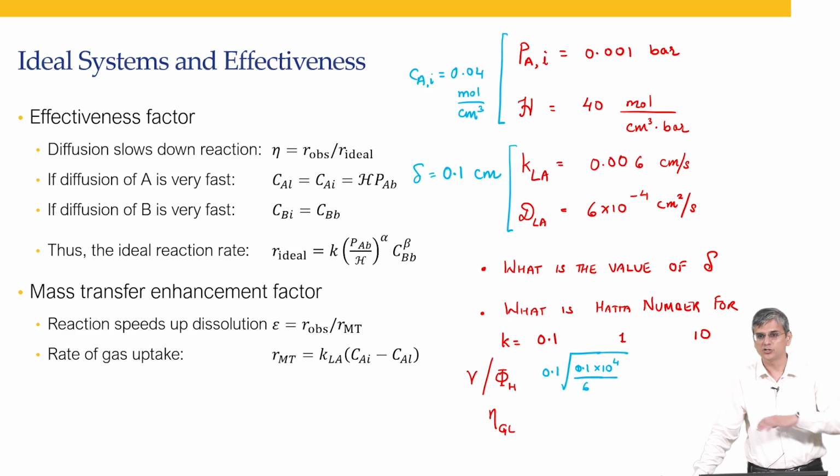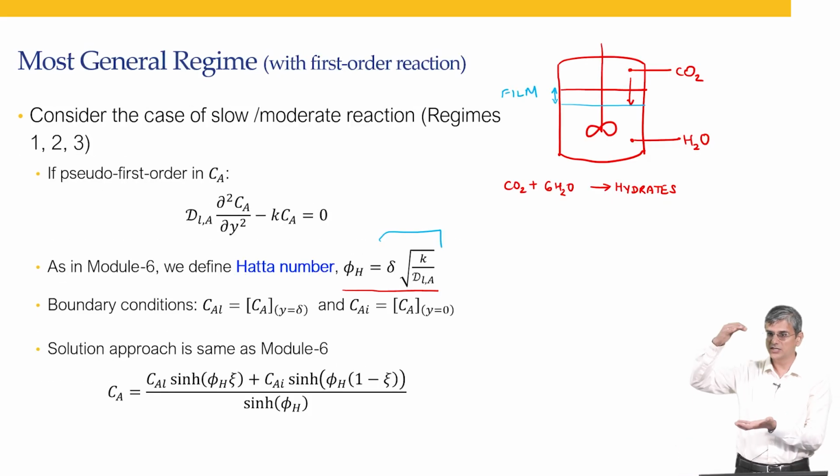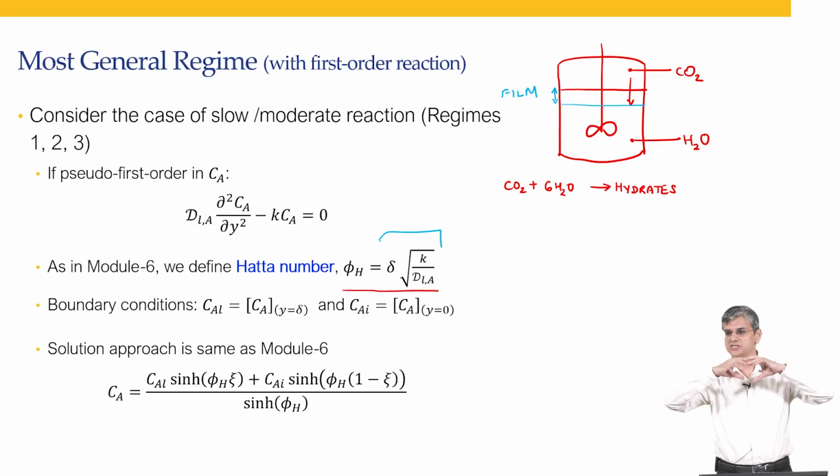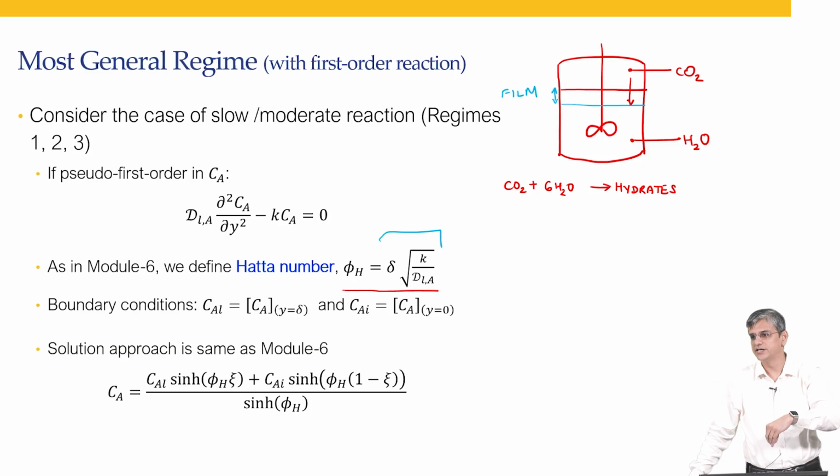This is when you have a situation like this, where you have bulk liquid and the interface is much smaller than the liquid. But when you have cases like very large bubbles of gas going through the liquid, or a falling film type of situation, or droplets of liquid falling into gas, the entire liquid is going to be consumed.